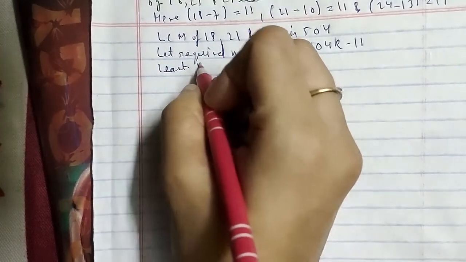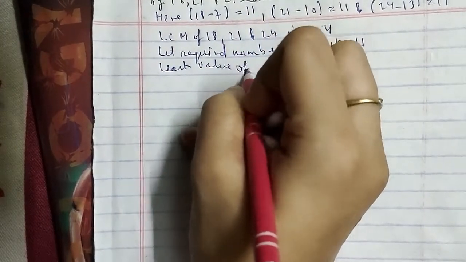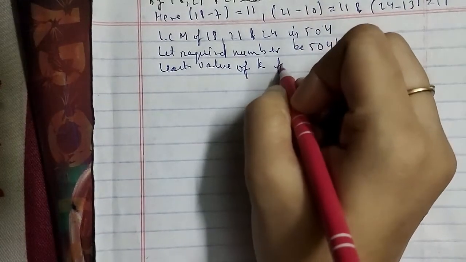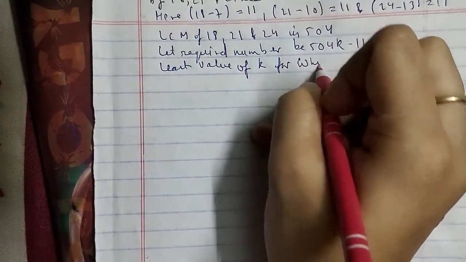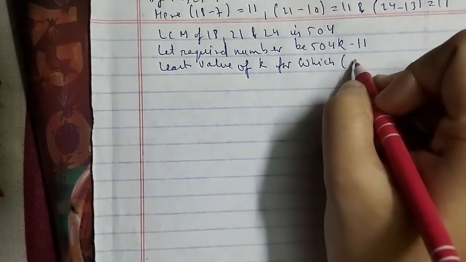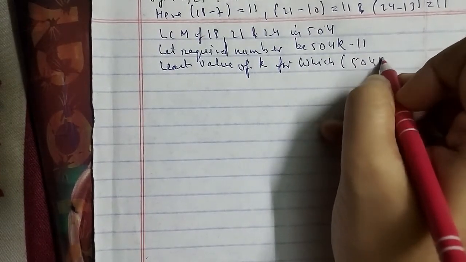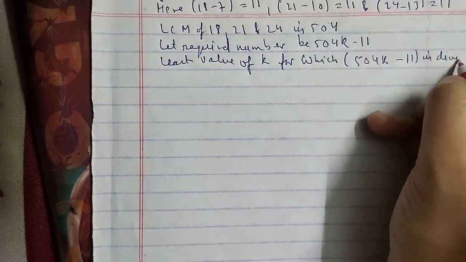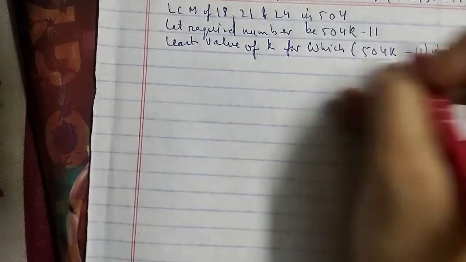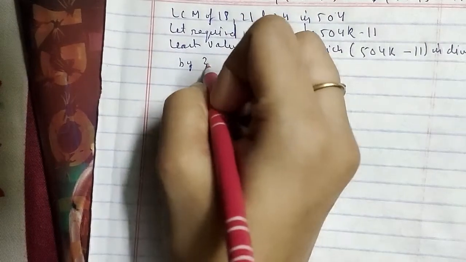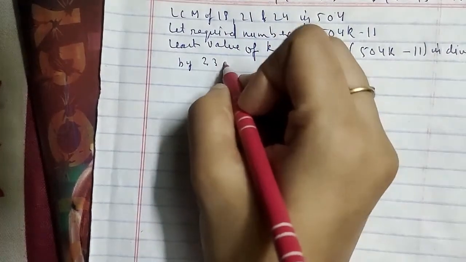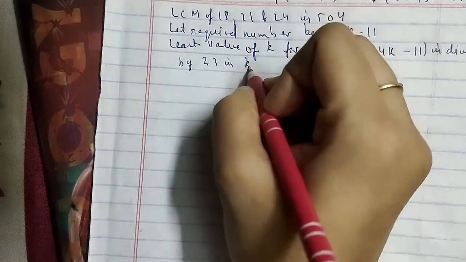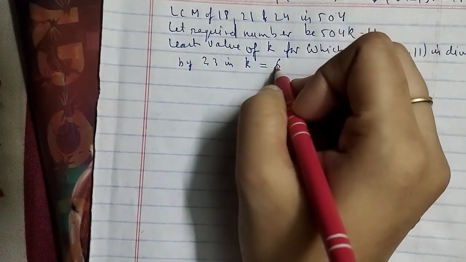The least value of k for which 504k minus 11 is divisible by 23 is k equals 6 here.